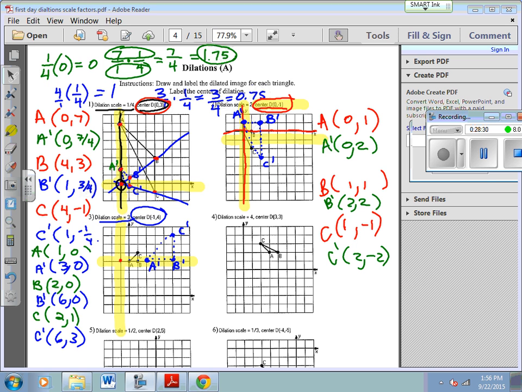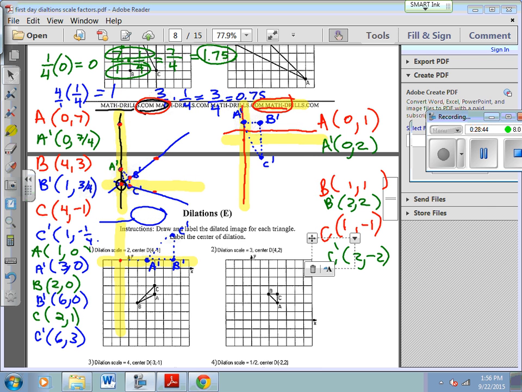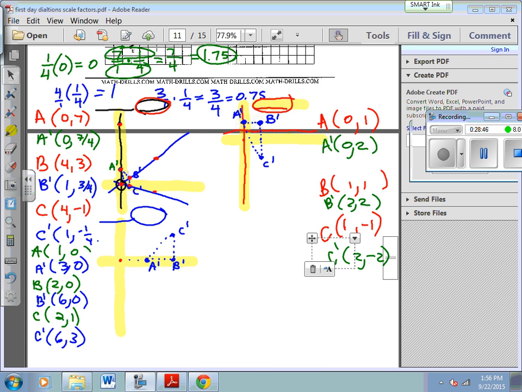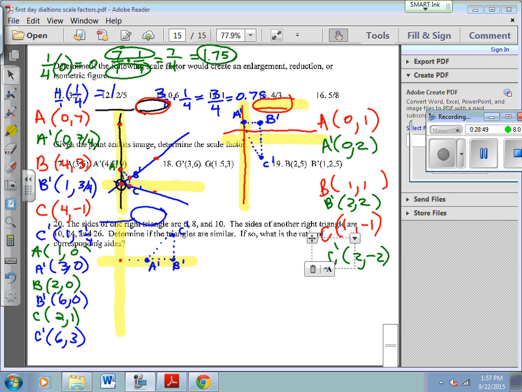All right. Your goal then is to try to get through as much of this as you can. I want to make sure that you guys cooperate with me. There's a lot of them, but dilations is super easy.